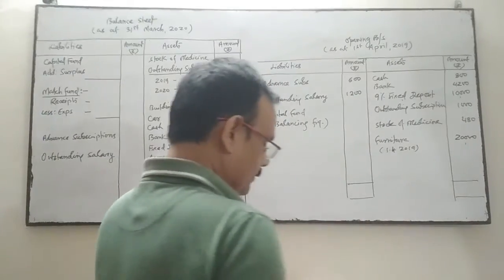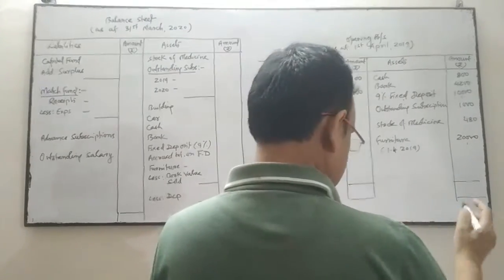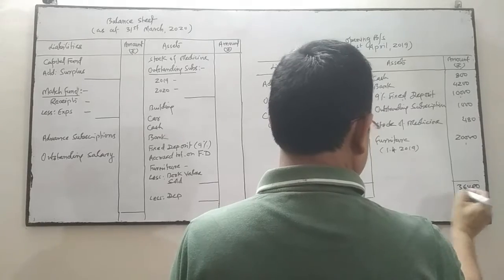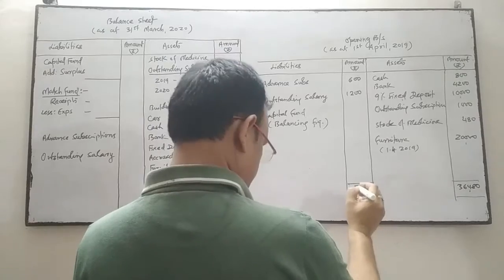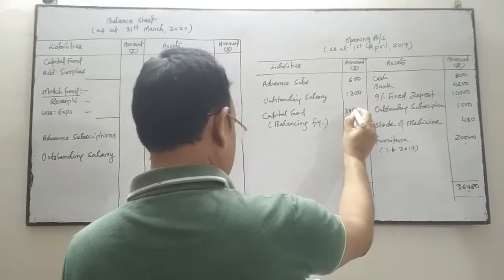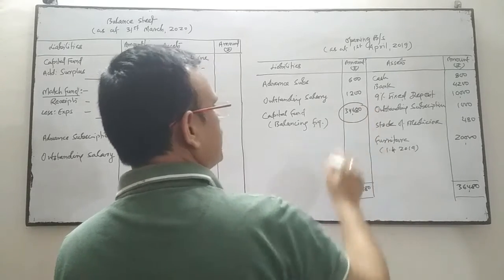Now do the total of the credit side. Credit side total is 36,480. Write the same amount over here, 36,480, and put the difference amount, 34,680. This amount indicates the capital fund.